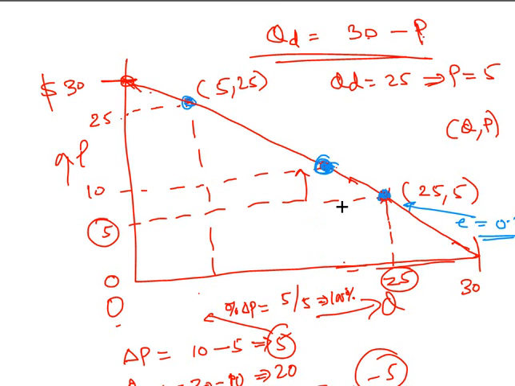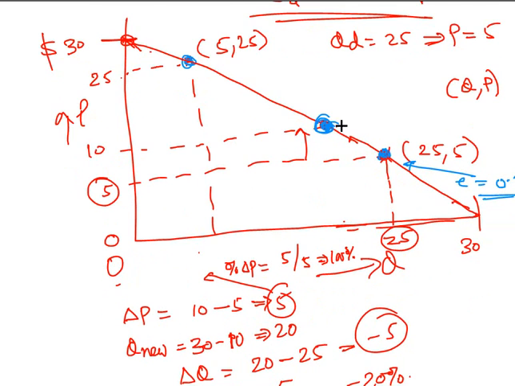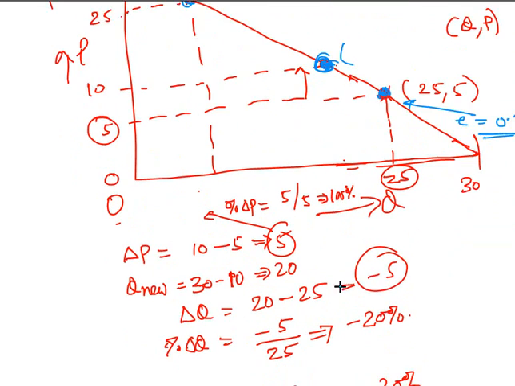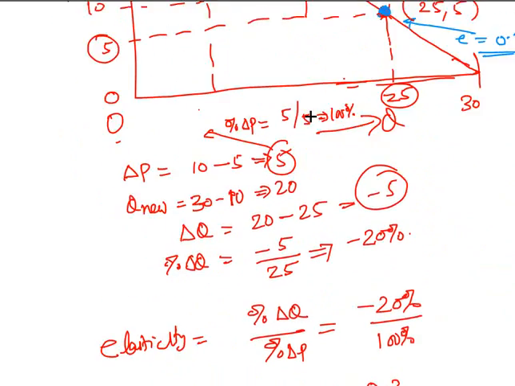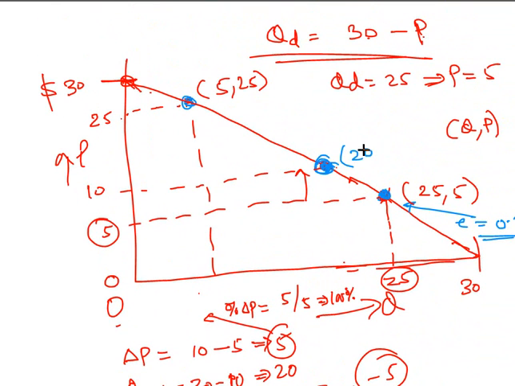Let us just understand over here. So what will be this point? The new price is 10 and the new quantity is 20, so this coordinate would be 20 and 10. Assuming that you increase the price by 5 here also, and you come to this point, the new price has become 15.